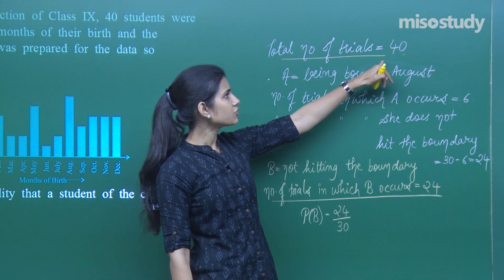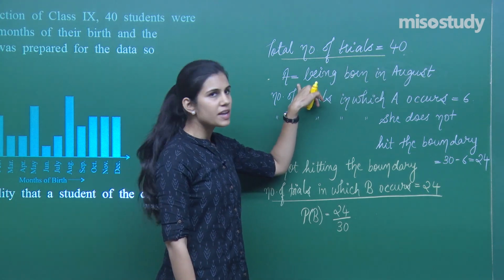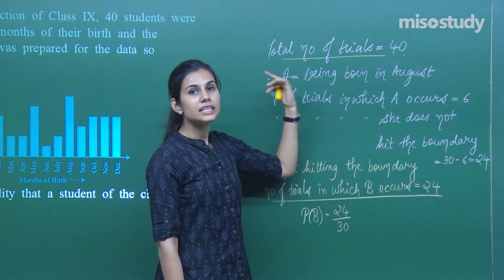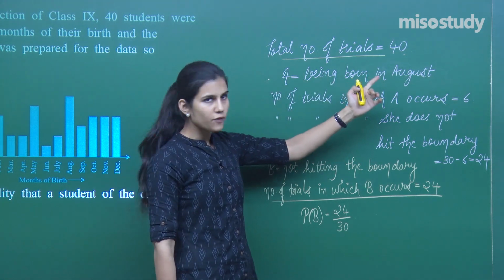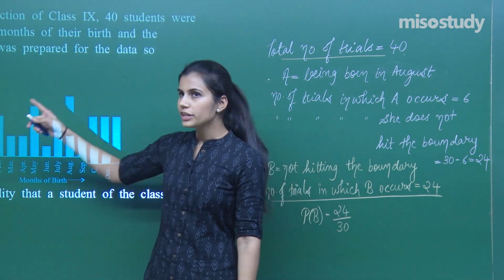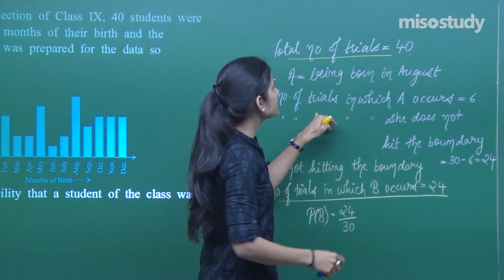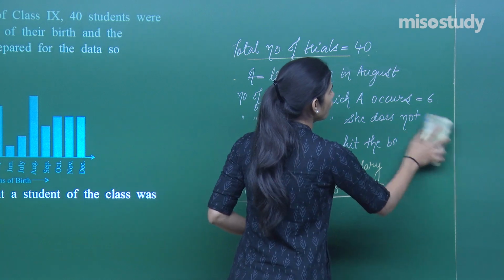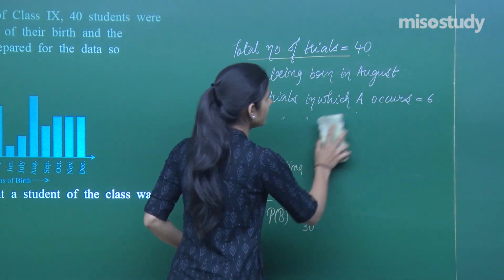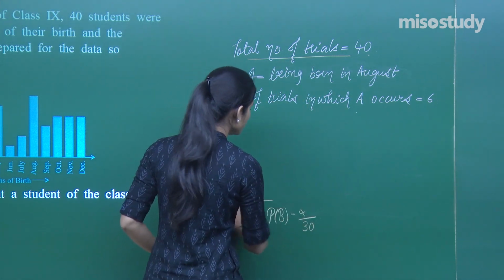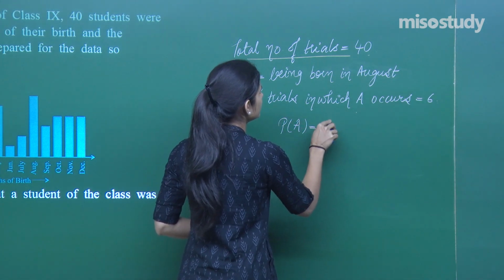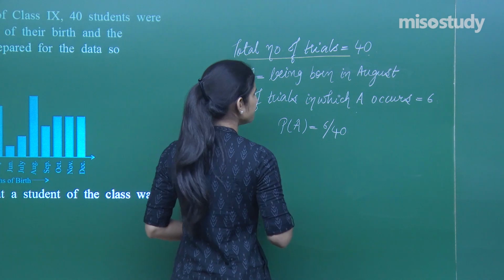That means out of 40 trials, how many trials are in favor of A? That means in how many trials event A is occurring? Out of these 40, only 6 are born in August. So number of trials in which A occurs is 6, and therefore probability of occurrence of event A, that means probability of a student being born in August, is 6 upon 40.